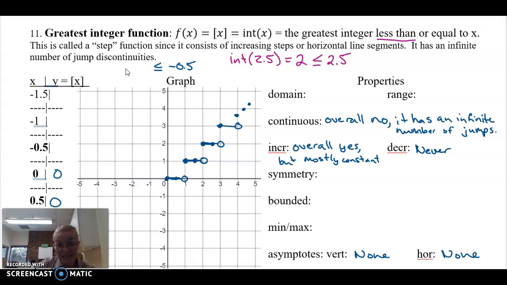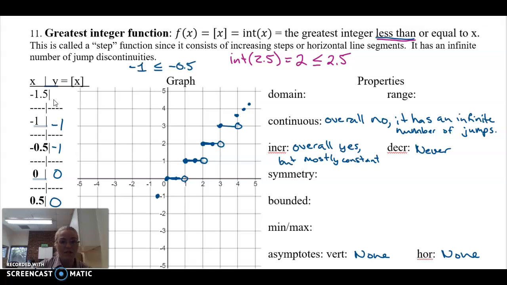Is 0 less than negative a half? No. But negative 1 sure is. Negative 2 is, so is negative 3. But negative 1 is the greatest such integer that is still less than or equal to my x value. So negative 1/2 actually gets plotted down here at negative 1.